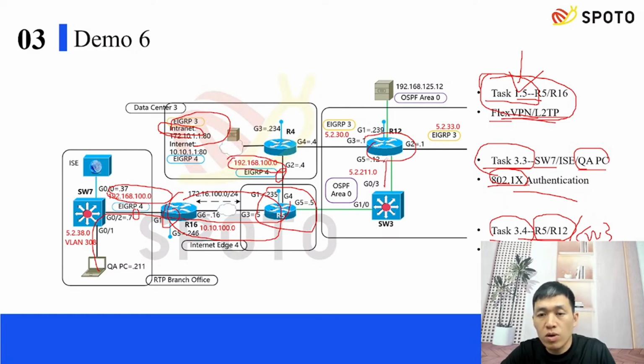They removed one connection between switch 3 and router 12 and another connection between switch 3 and router 5. Only one connection between them, used to be two in the last version. All these differences will be shared with you after you join us and get started with the preparation. So no worries.